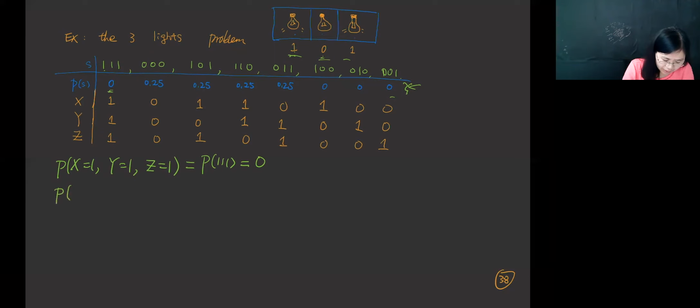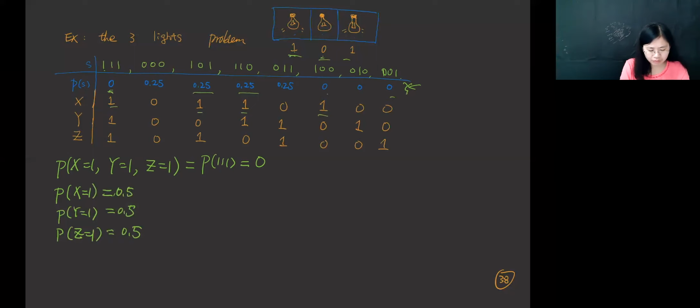And probability that x equals 1 is the sum of these 4 states, right? So it's 0, 0.25, 0.25, and 0. So that's 0.5. Probability of y equals 1 is the same, calculated the same way. Probability of z equals 1, you can verify, is also the same, 0.5.